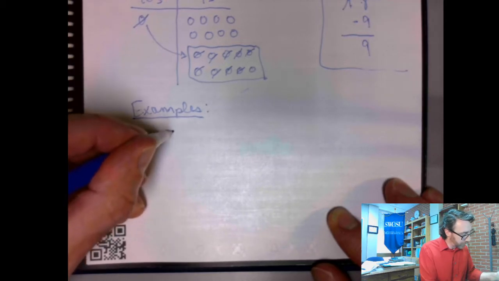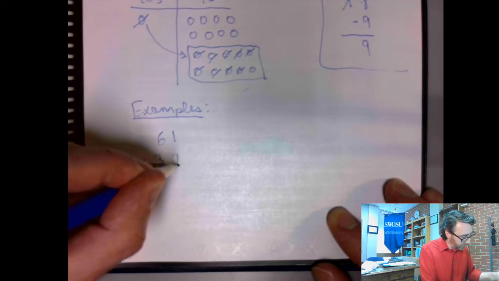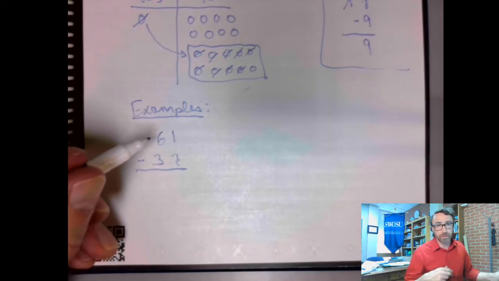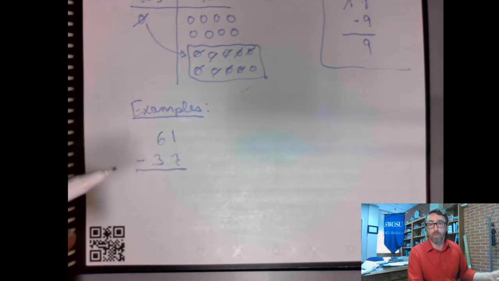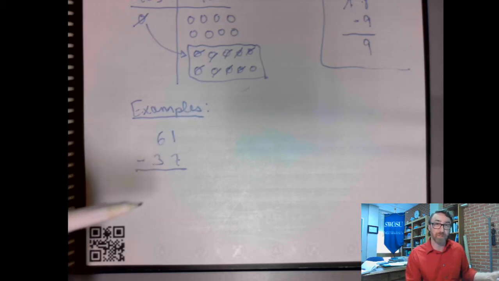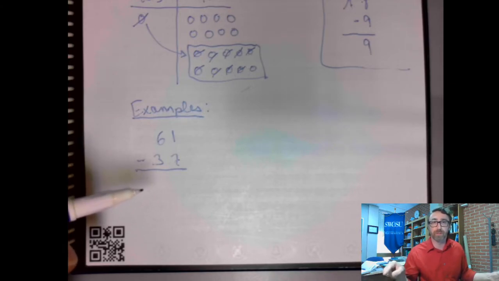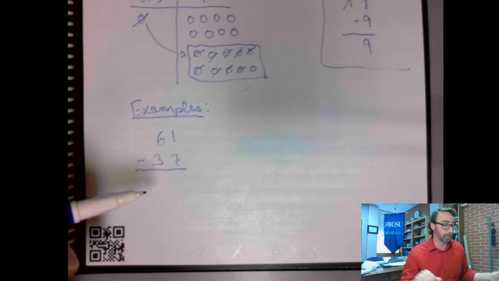Let's do something like 61 minus 37. Okay, so I'm not going to go to the chip model here. Remember, the whole point is to get the students to transition to just working with the numbers only. And on your homework assignment, don't draw out the chip model unless the instructions explicitly say to draw out the chip model.